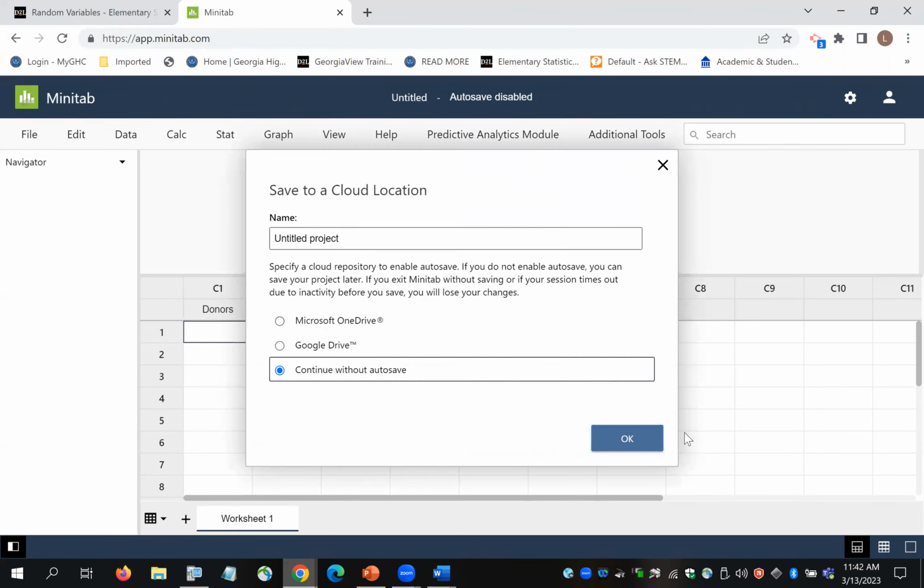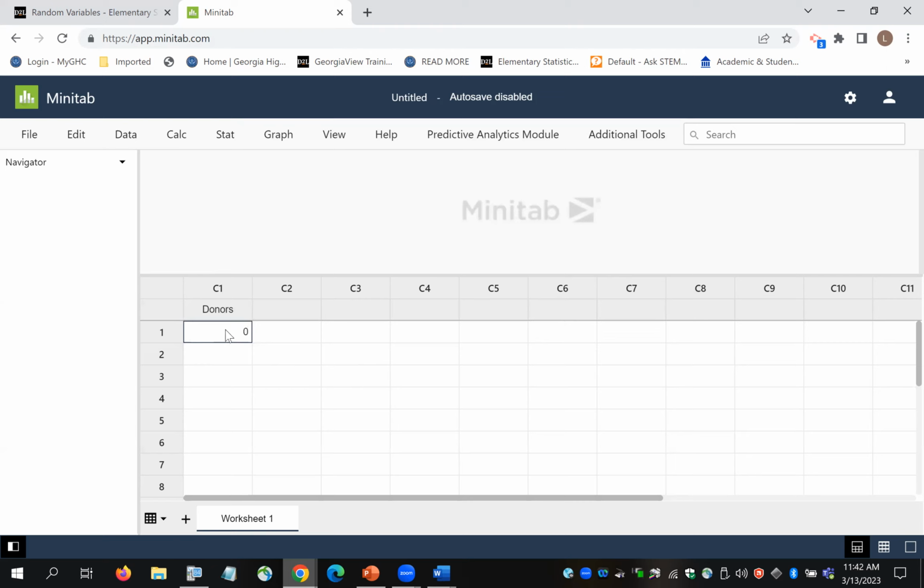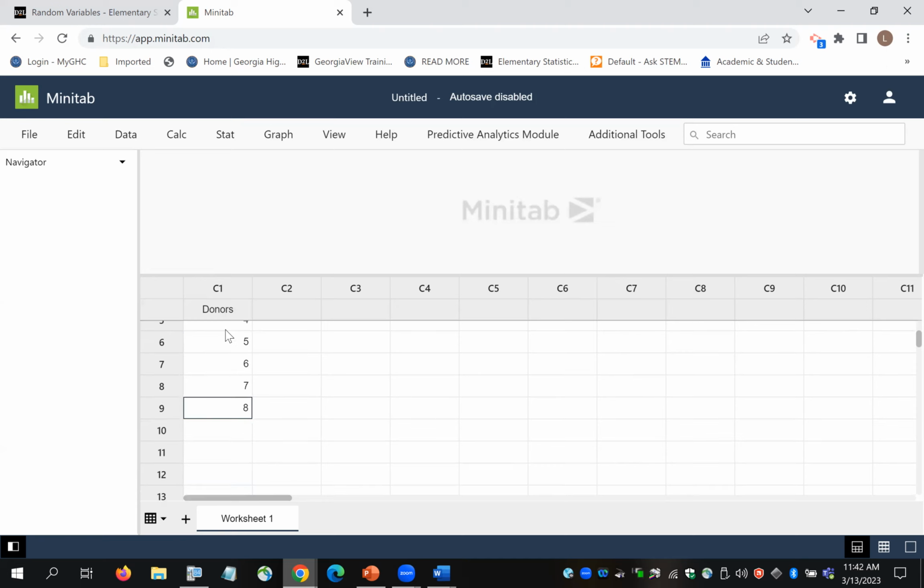You have to remember to allow for 0. And then I can have any option, if I can type, up to 20, because we had 20 donors recruited.